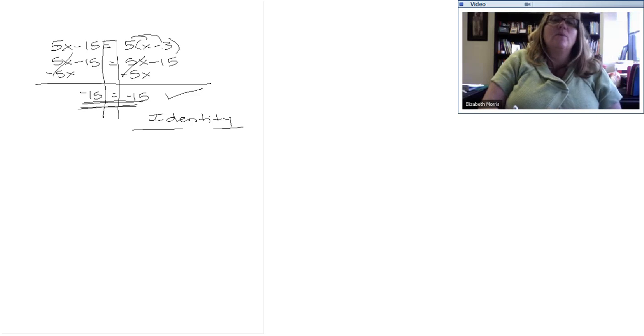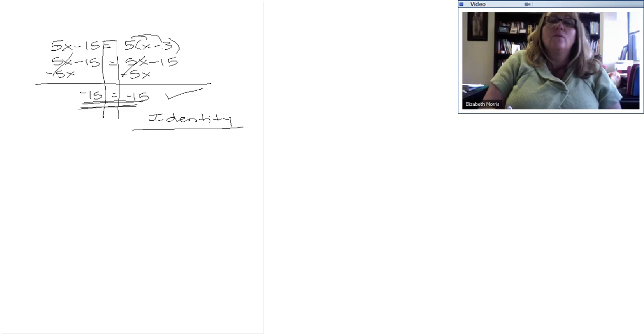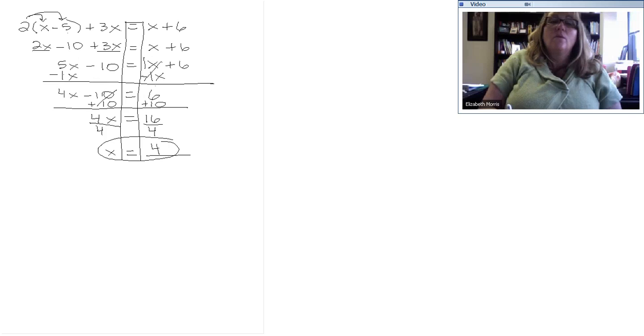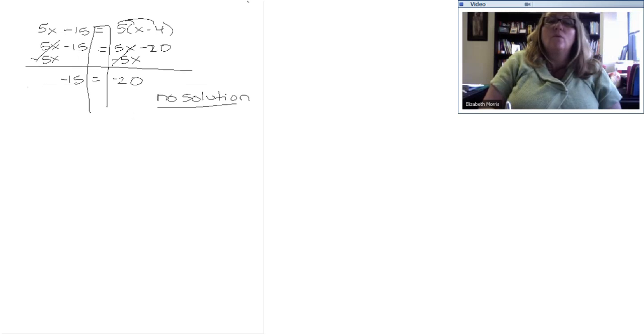Now remember that, because look at the difference. This one, the x is canceled out, but what was left was not the same. That's why it's no solution.